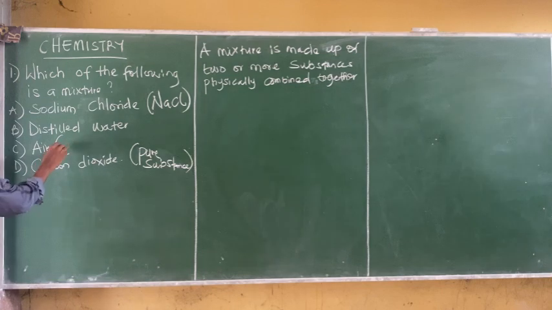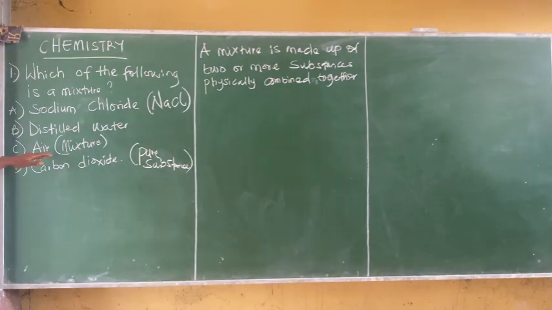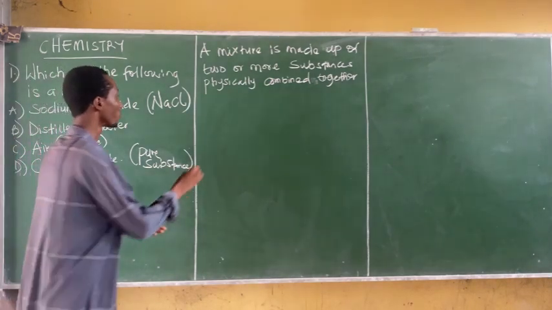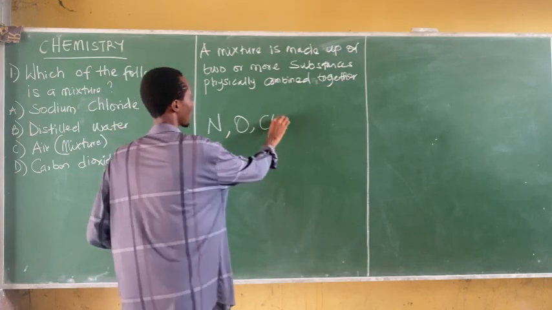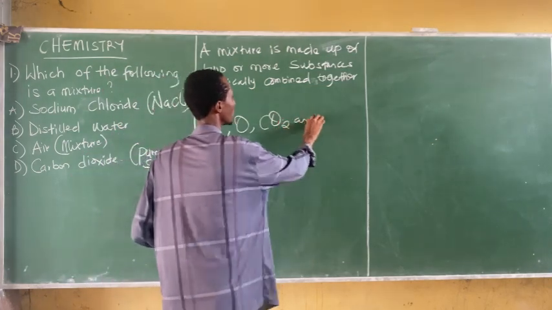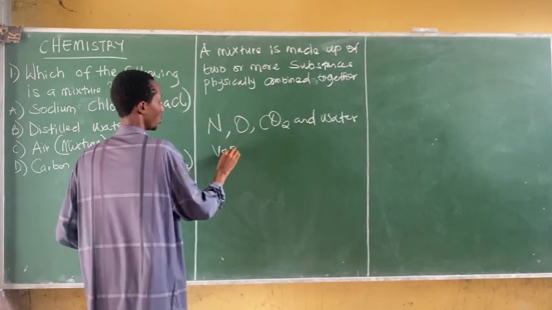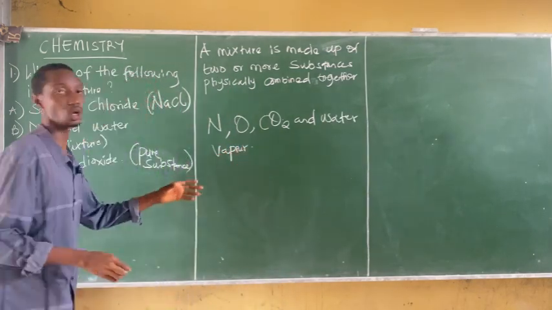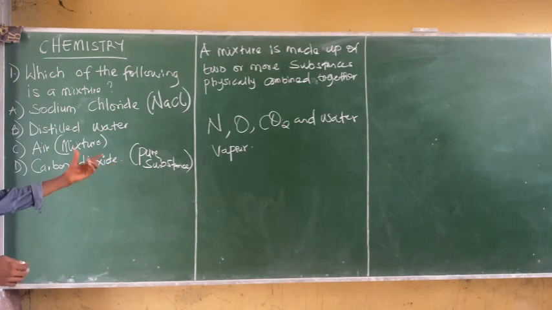Air is a mixture. Air is a homogeneous mixture of nitrogen, oxygen, carbon dioxide, and water vapor. These are the constituents of air. These are the substances that make up air.